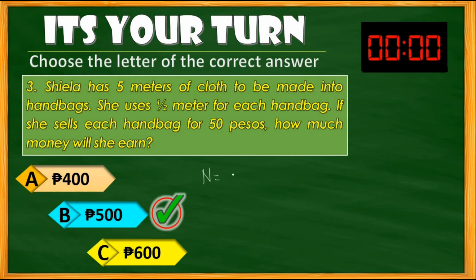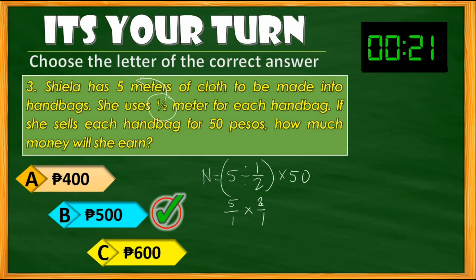So n is equal to 5 divided by 1/2, because how many 1/2 are in 5 meters? So the quantity multiplied by the price per piece, 50 pesos, multiplied by 50. So first make the whole number 5 as a fraction, change the operation to multiplication, and then flip 1/2 to 2 over 1, and then close parenthesis.